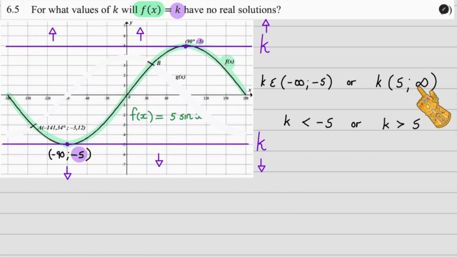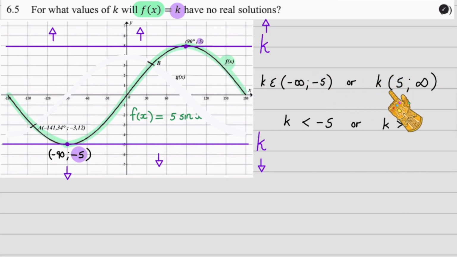And then the other part of this is when k can be greater than 5, so I can make k equal 5 or it can be bigger. Now I use round brackets because it can't equal 5, because if I put it on 5 I will get a solution of 90 over there.